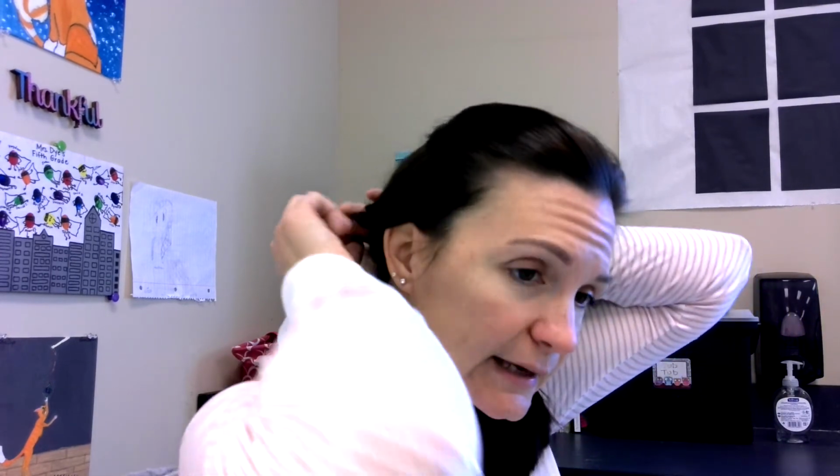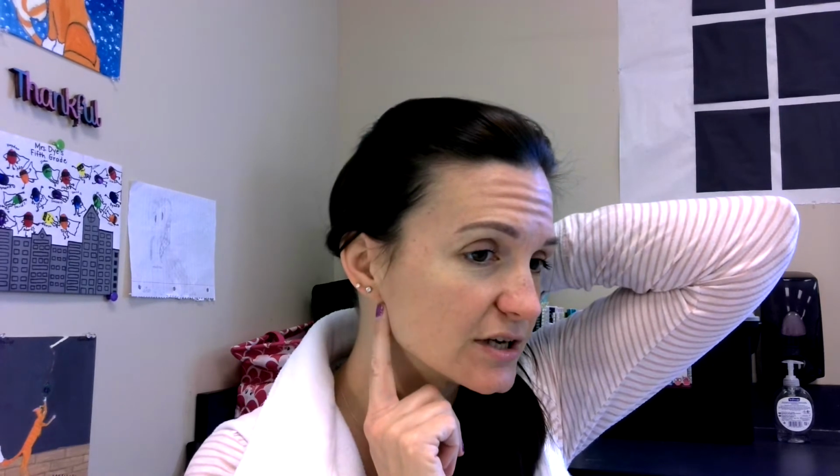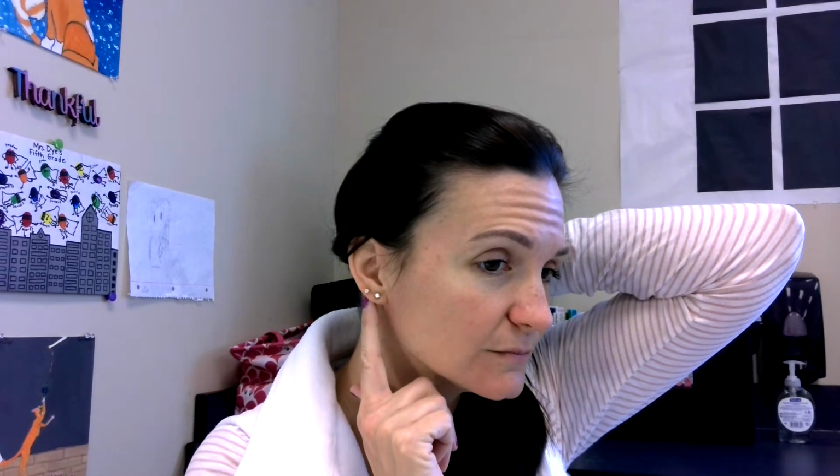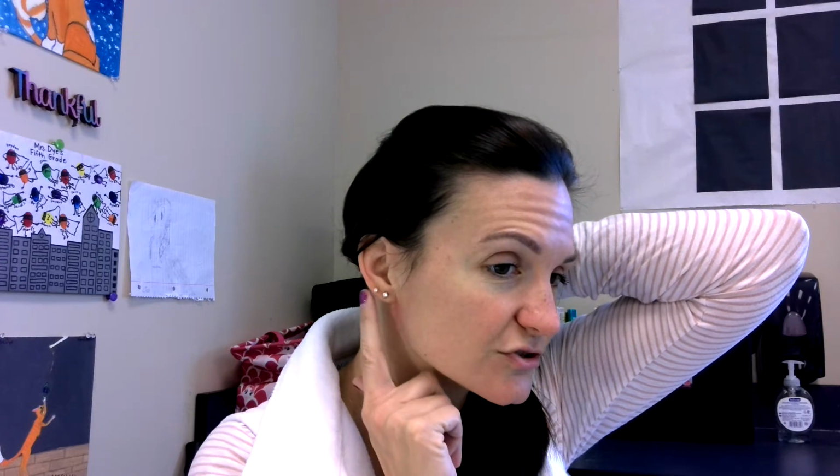The next one is the detached and attached earlobe, and I had a picture. Mine are attached. My earlobe does not have an indent like that. It goes almost straight across, connected to my head. So attached earlobe is a recessive gene.